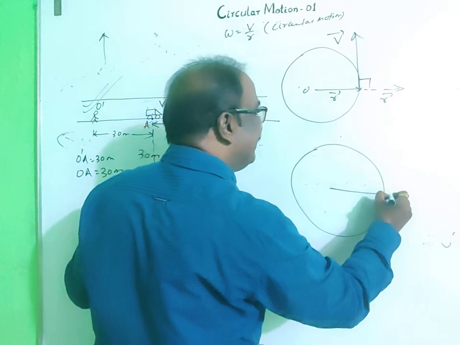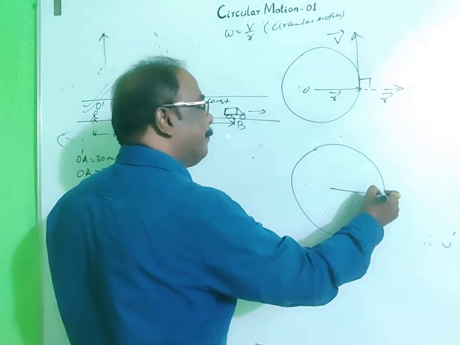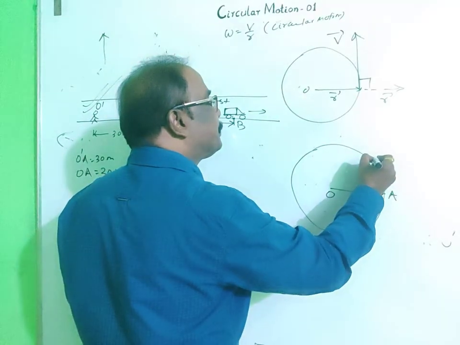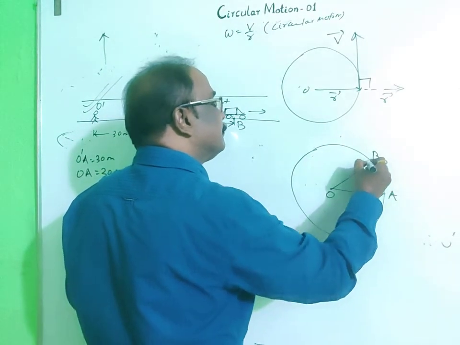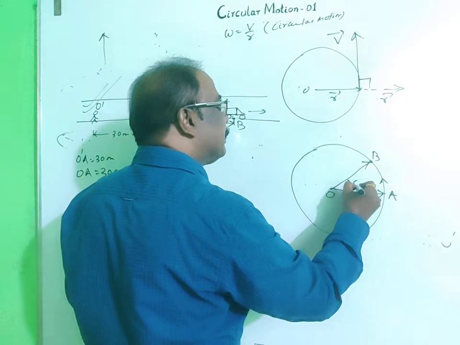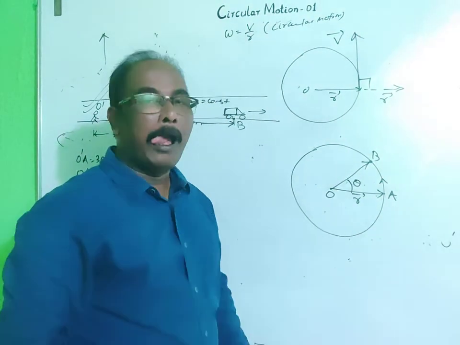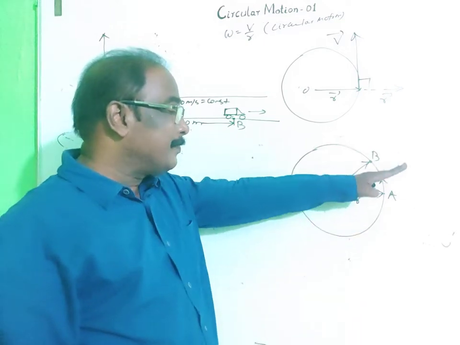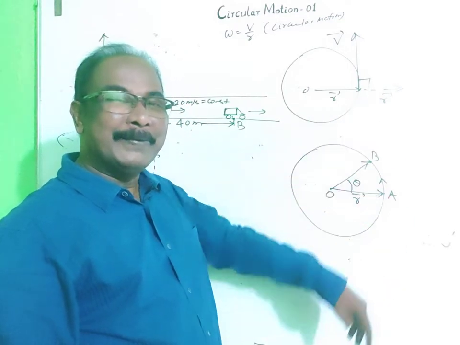Suppose a particle is initially at A, the position vector is O, and the particle moves to position B. Then the angle subtended at the center is theta, which is the angular displacement, also in anticlockwise order.